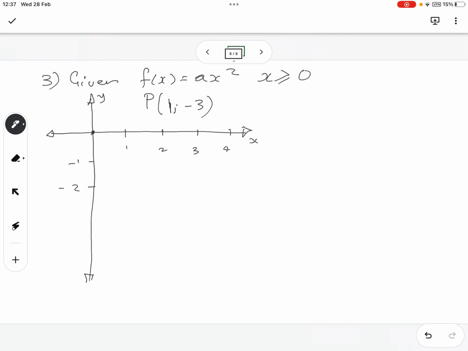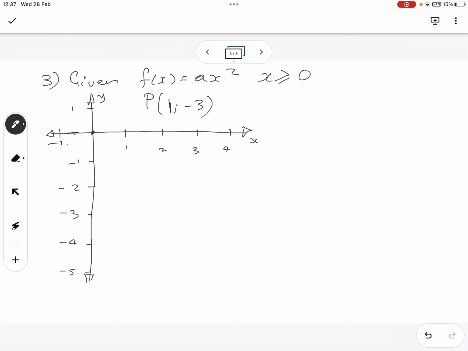We mark negative 1, negative 2, negative 3, negative 4, and negative 5 on the axis, and 1 right there.